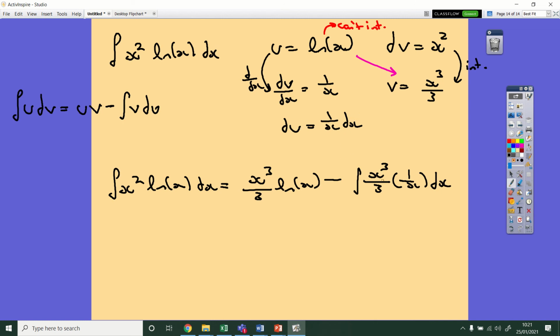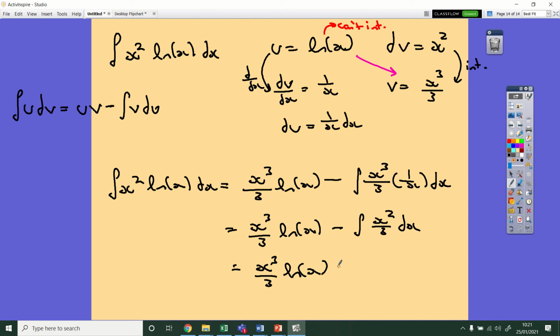Now, the way that this is arrived at is that we can simplify this quite a lot, because the x cubed cancels with x. So I've now got x cubed over 3 ln of x minus the integral of just x squared over 3 dx, which becomes x cubed over 3 ln of x minus, and then x cubed, and then dividing by 3 gives us over 9, plus c, and then we're done.